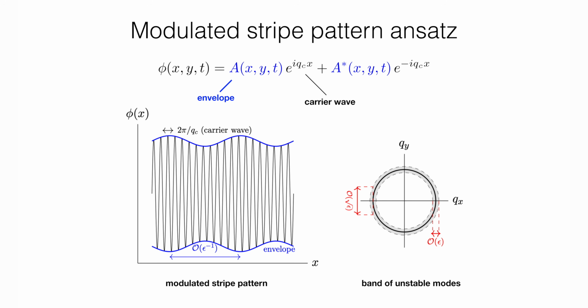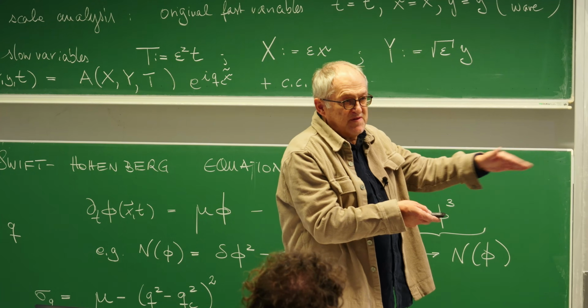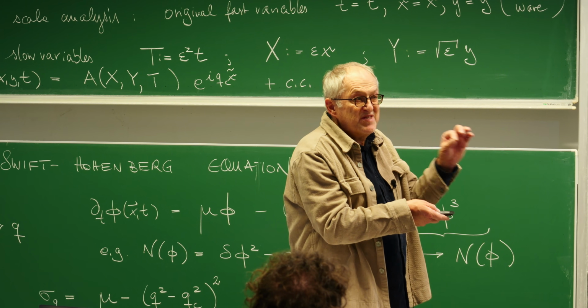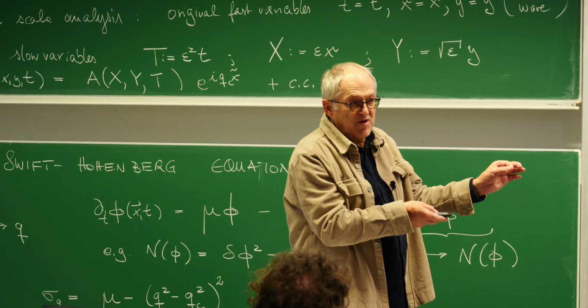So they are small, they are of the order epsilon, square root of epsilon, if I scale my bifurcation parameter mu with epsilon squared. And that means that the deviation from Qc is a small variable. It's just going to 0 as I tune epsilon to 0.